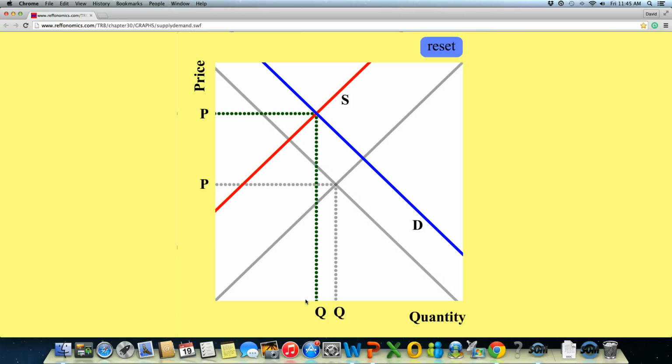So price is going to be going up for sure. Quantity is going to be considered indeterminate. So the biggest difference between the scenarios we looked at originally and these scenarios with two shifts is that price or quantity can be indeterminate.